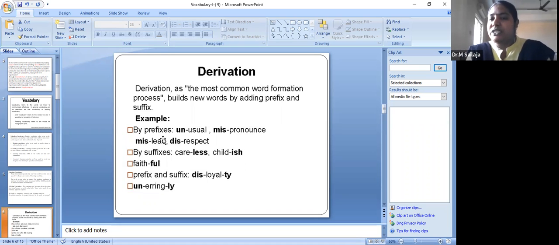That is called derivation. Derivation always has a common word. By adding prefixes and suffixes at the same time, we can convert a word from one meaning into another meaning. Clear? Is it clear?